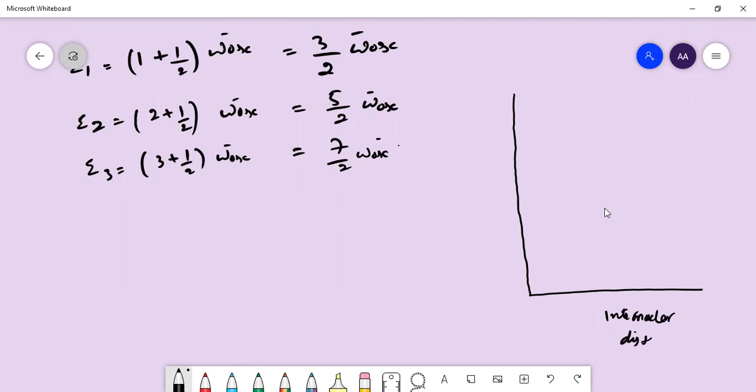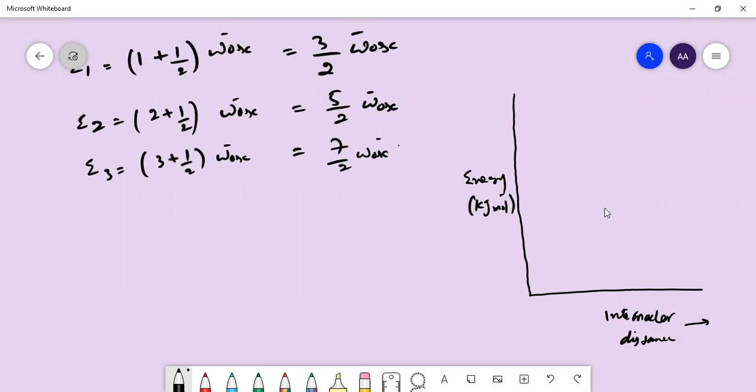Now, before drawing the energy levels, what we will first find out is whether the distances between all the energy levels are the same or not.